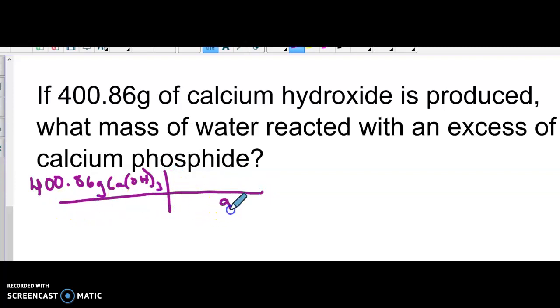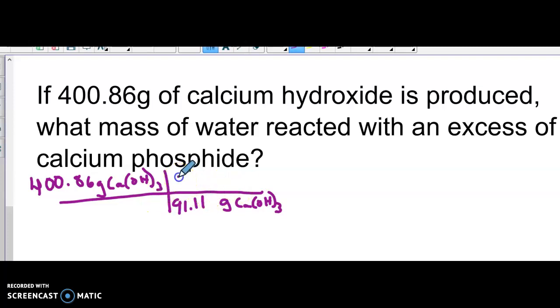Before we do anything else, we know that we're going to have to cancel out grams of Ca(OH)2, and that is going to be 2.02 plus 32 for the oxygen plus 40.08 for the calcium, and I get 91.11 grams.